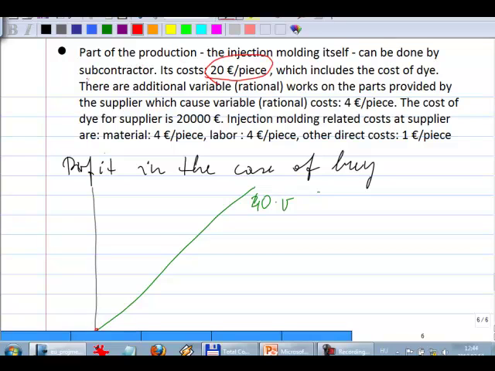it says part of the production, the injection molding itself, can be done by subcontractor. It costs 20 euro per piece, which includes the cost of die. So, we buy it for 20 euros per piece. But follow the technology.